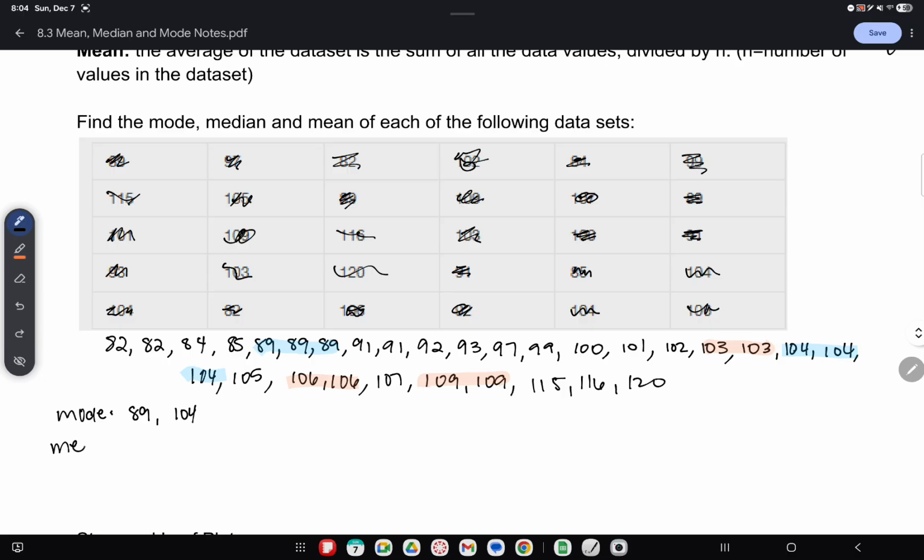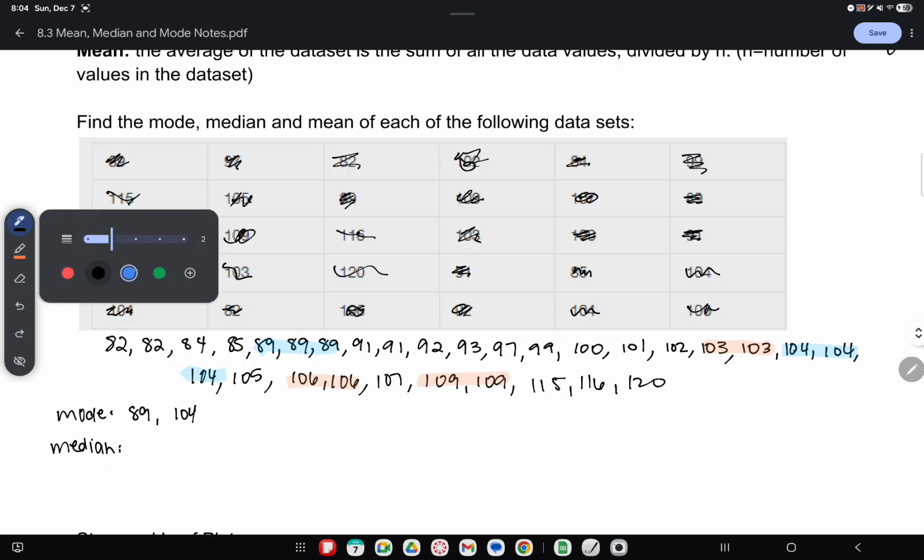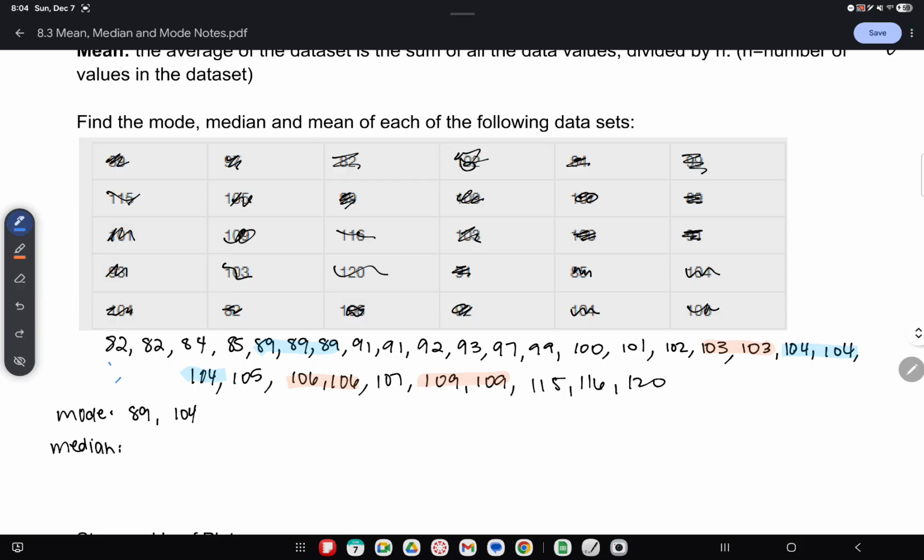I can find the median, which is the middle number. So what I'm going to do is I'm going to cross off values. So smallest one, largest one. And I'm going to keep crossing numbers off until I get to the middle.